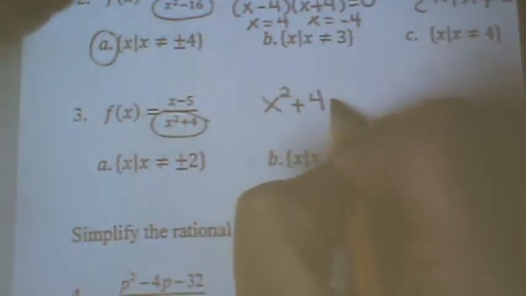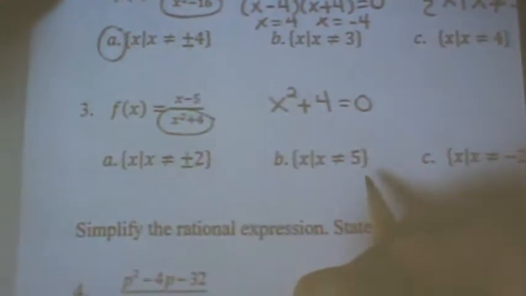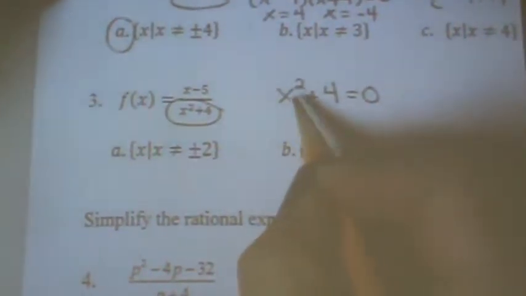Now for number 3, if you look at x squared plus 4, when you set this equal to 0, this is not the difference of two perfect squares. This is not factorable.